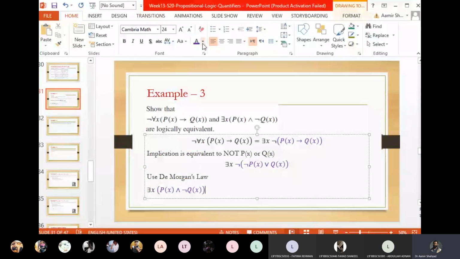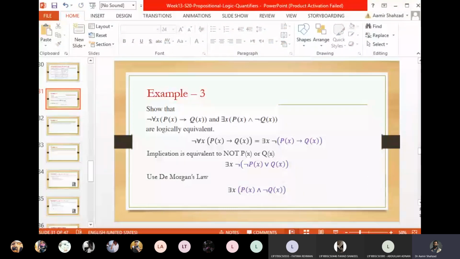So this is the same thing that we needed to prove, that the negation of for all X, P of X implies Q of X is the same as there exists X, P of X and negation of Q of X. So we have proven this.